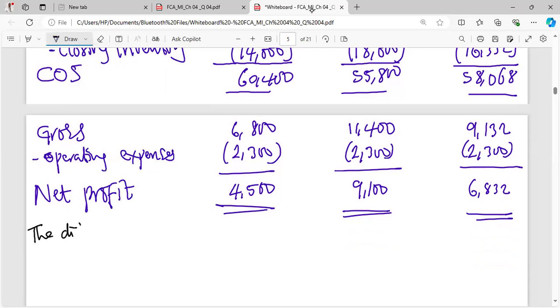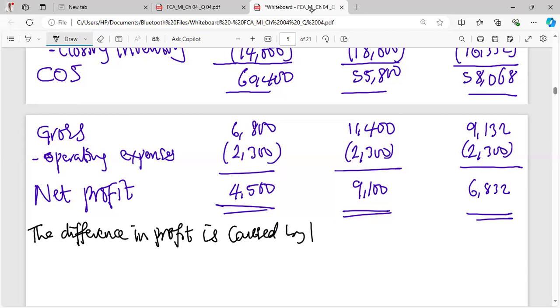The difference in profits is caused by the closing inventory valued with different methods.